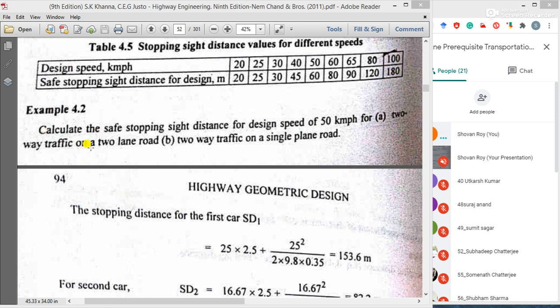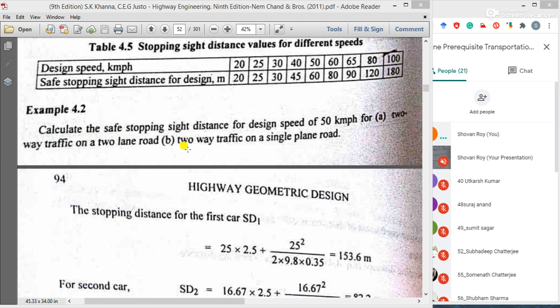The problem is to calculate the safe stopping sight distance for a design speed of 50 km per hour for condition 1, two-way traffic on a two-lane road. That means two-way traffic with a divider; the divider is present on the road and traffic is two-way.